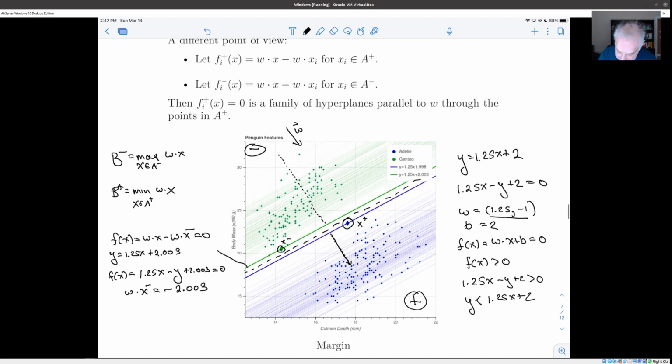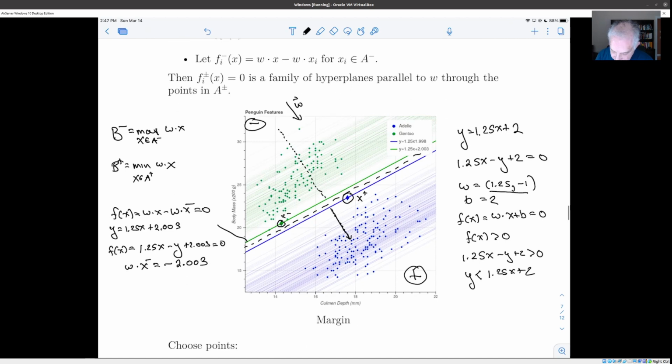And if you repeat this little analysis here, and you take into account the sign changes, what you find is that, so I should have said here, this is b minus. What you find for b plus, which is the minimum value of w dot x over the plus points, is minus 1.998.